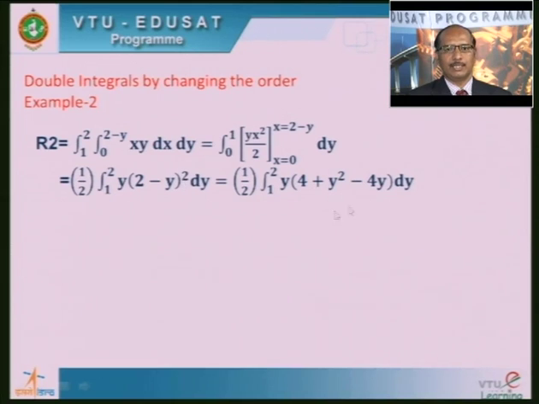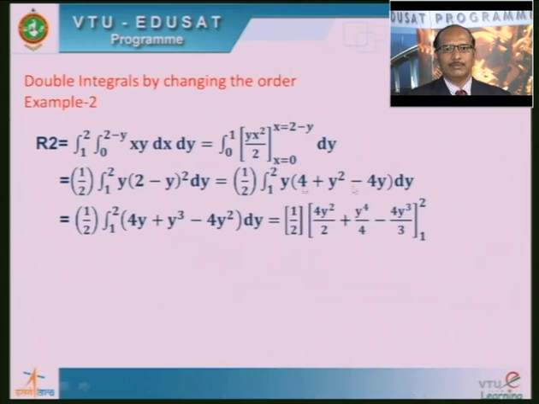Now multiply by y before the integration: 4 into y, y square into y, y cube, minus 4y into y, 4y square. So that simplifies. Now integrating with respect to y. Integration of 4y is 4 into y square by 2, plus integration of y cube, y raised to 4 by 4, minus 4y square integration, 4 into y cube upon 3. Now substitute 1 to 2 limits.